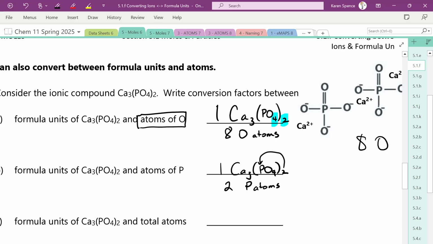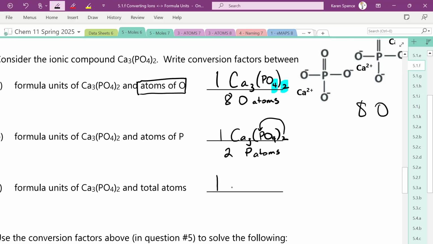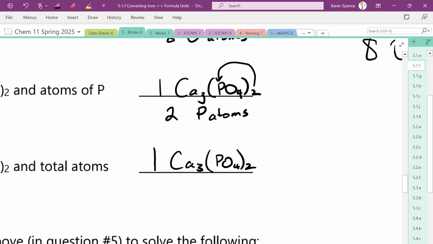Formula units of calcium phosphate and total atoms. 1 Ca3(PO4)2. Tell your partner how many total atoms there are in that formula unit.